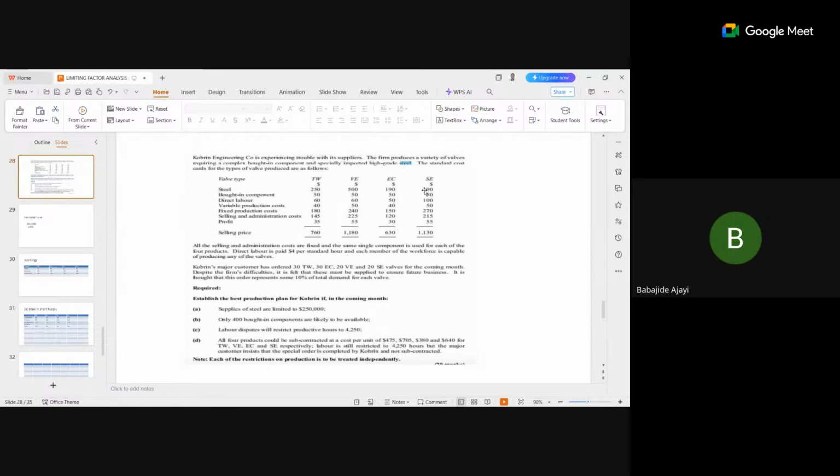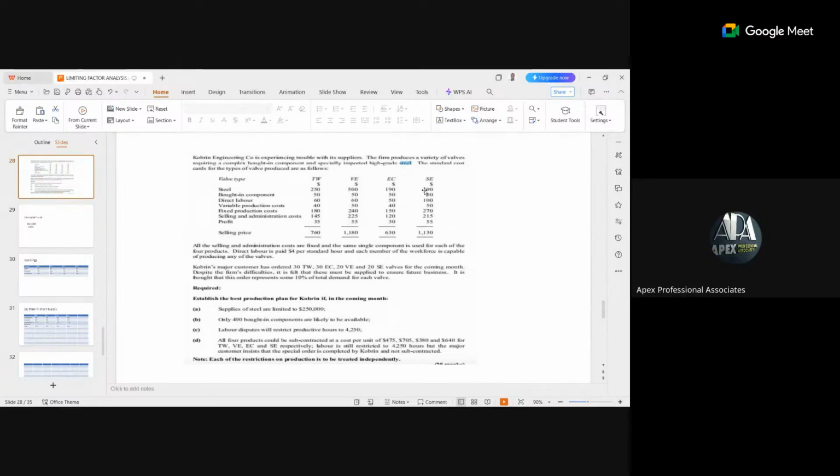But in the case of labor hours, we didn't use the cost, we used the number of hours. So I was thinking that to arrive at contribution per limiting factor, we have to divide our contribution by units, not value, not cost.